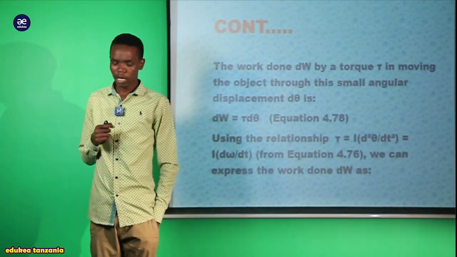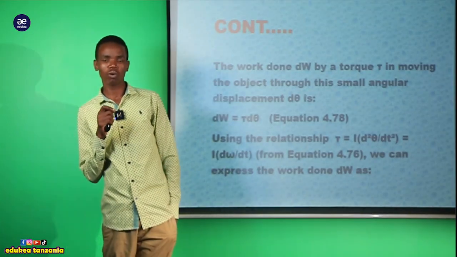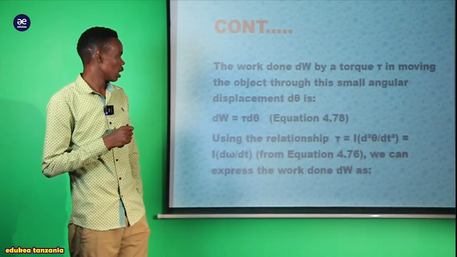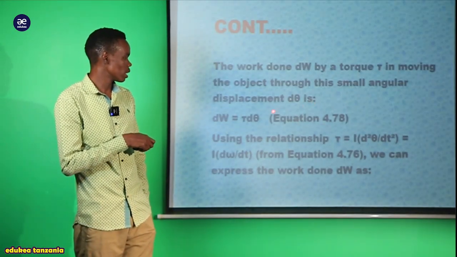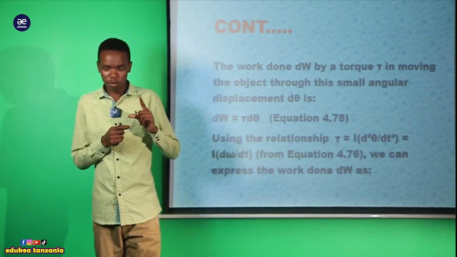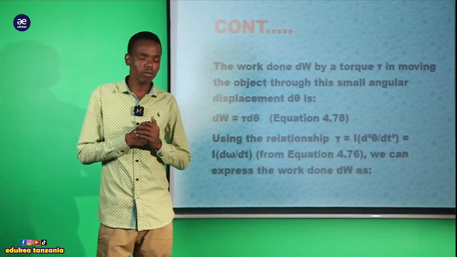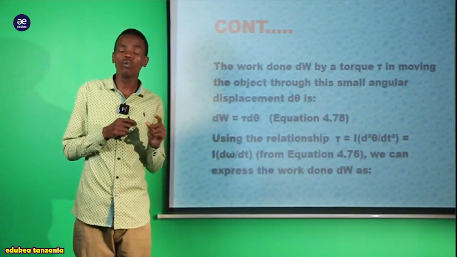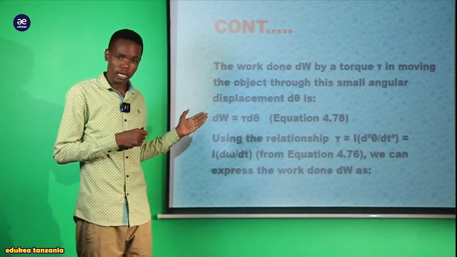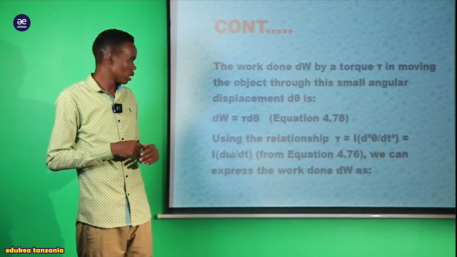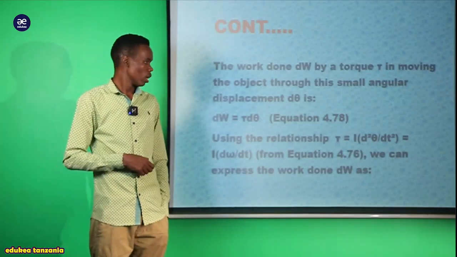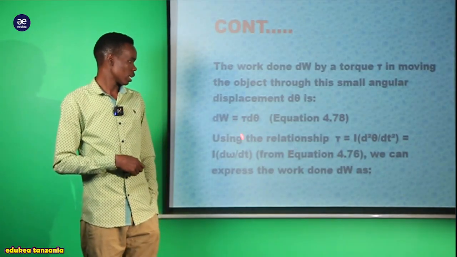Kwa tutasema sasa kwamba ili tuweze kupata angular displacement for when it is very very small, tutamcall yule work done kwamba small change of the work done must be equals to the torque, then we times by the small change of the angular displacement. This should be our equation number 78 for our fourth topic here.